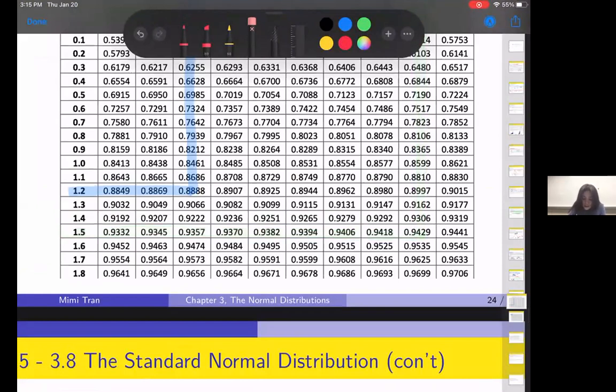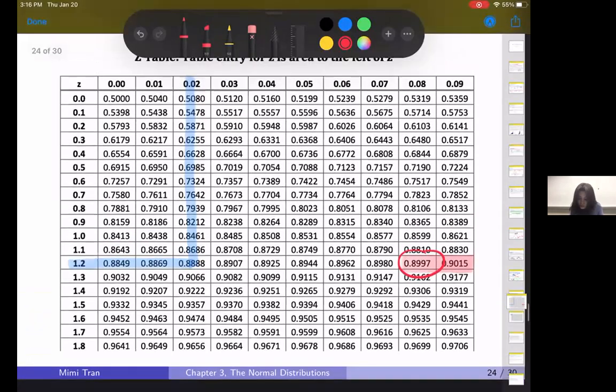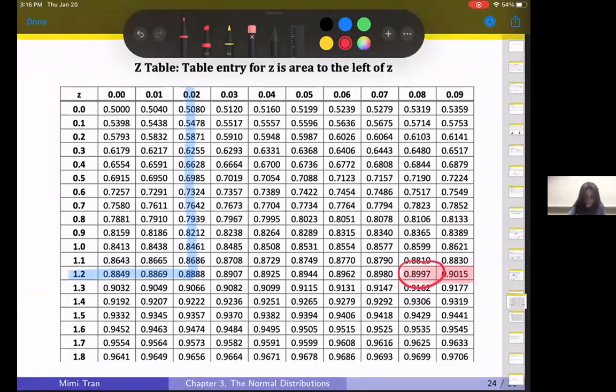Let me erase that. So I see 0.8997 and 0.9015. I'm going to be conservative and pick the lower probability, this one. At 89.97%, the Z score is roughly 1.28.